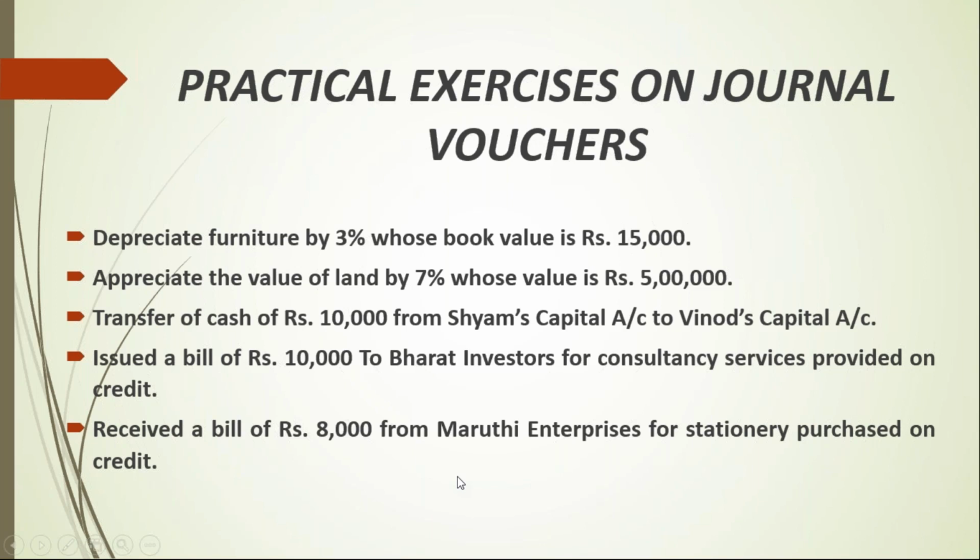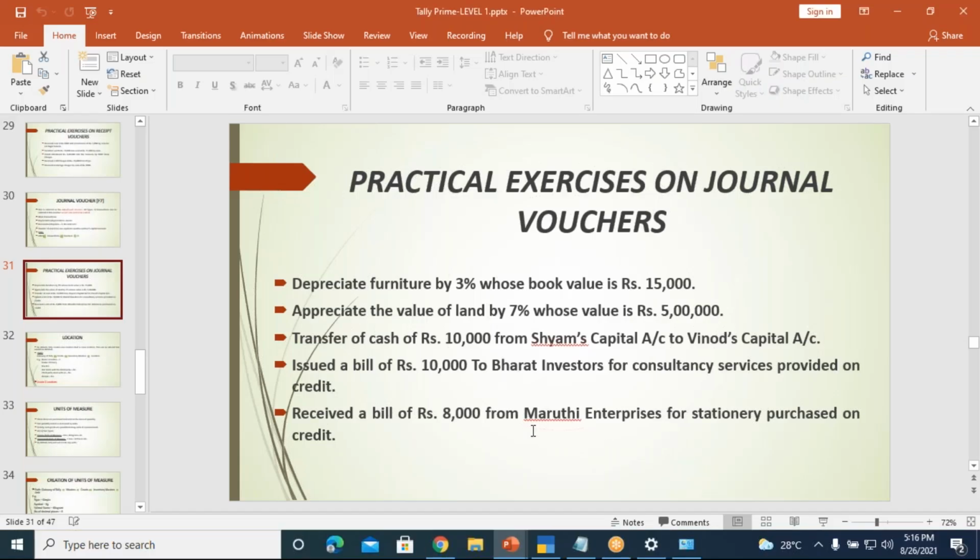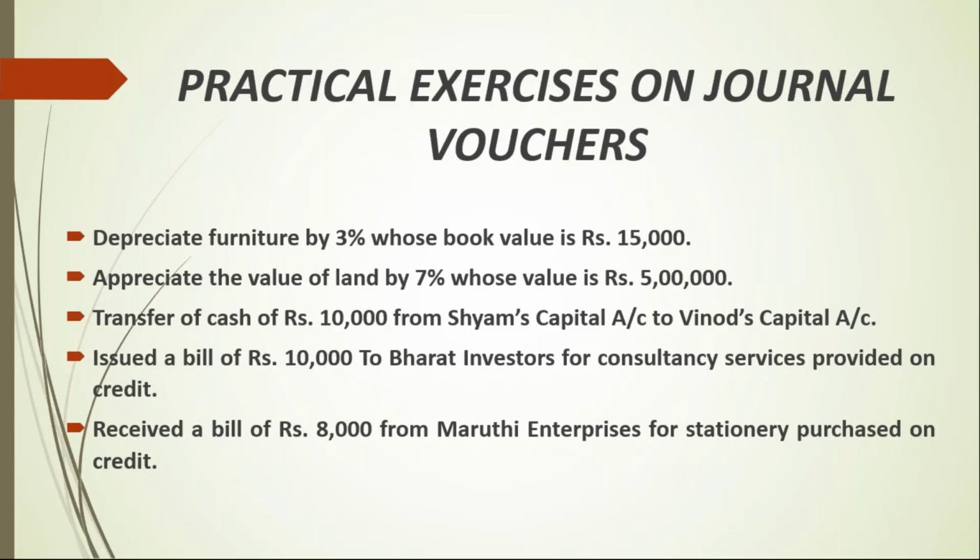Now, first of all, before passing the entry, we have to first identify the necessary ledgers. So which are the two prominent ledgers over here for passing the journal entry? One of them is Bharat Investors. Second is consultancy services. Yes. Bharat Investors is the client's name.